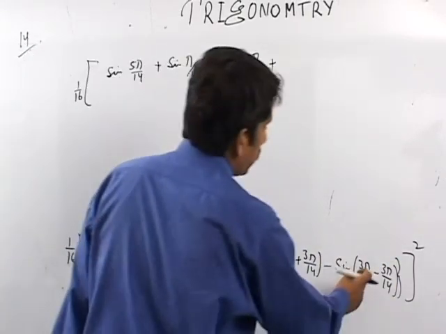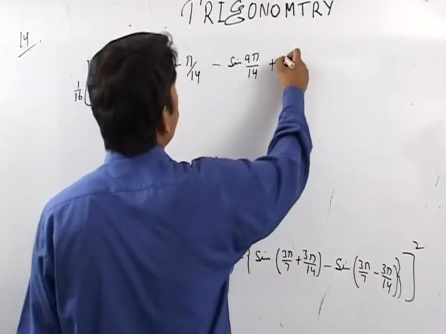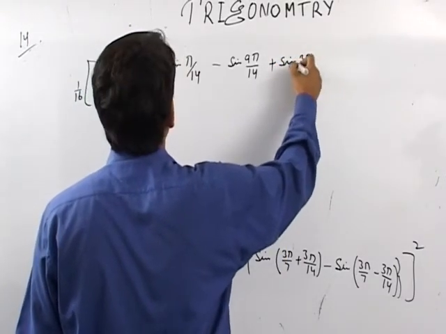This will become 3 pi by 14, sin 3 pi by 14.